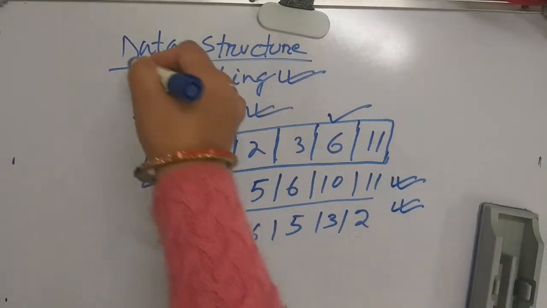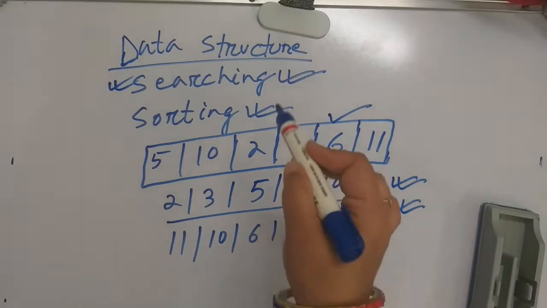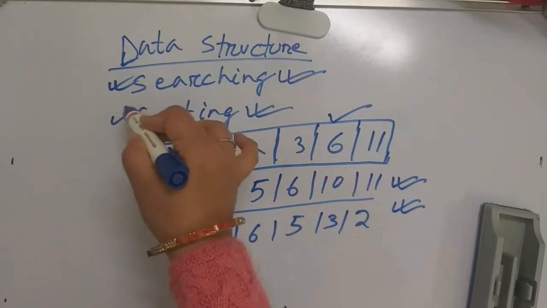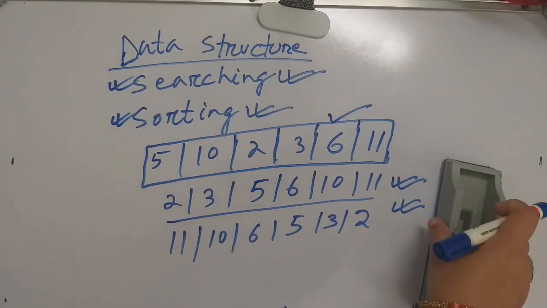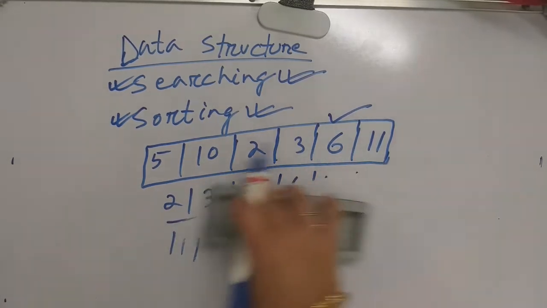In data structure we discussed two concepts: one is searching, for which we use different techniques, and another is sorting, where we sort the list, and for that also we use different techniques, which we will discuss one by one.